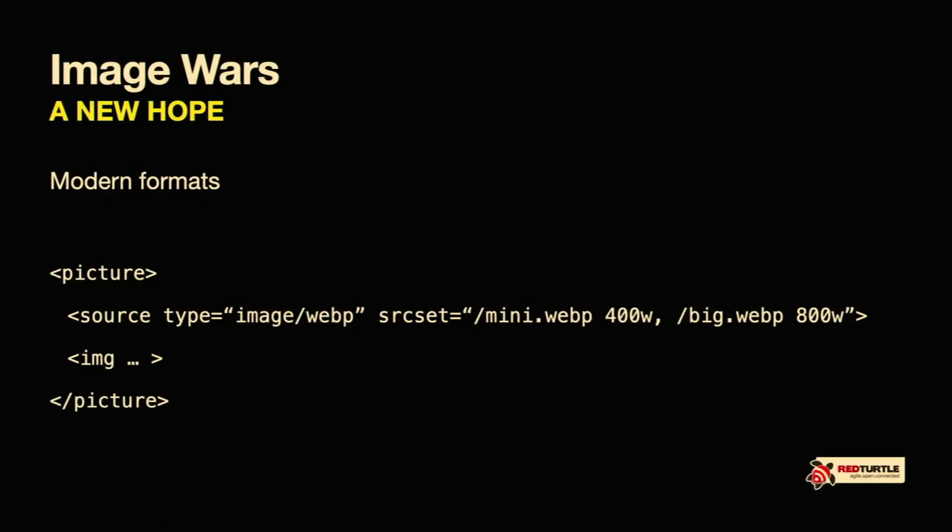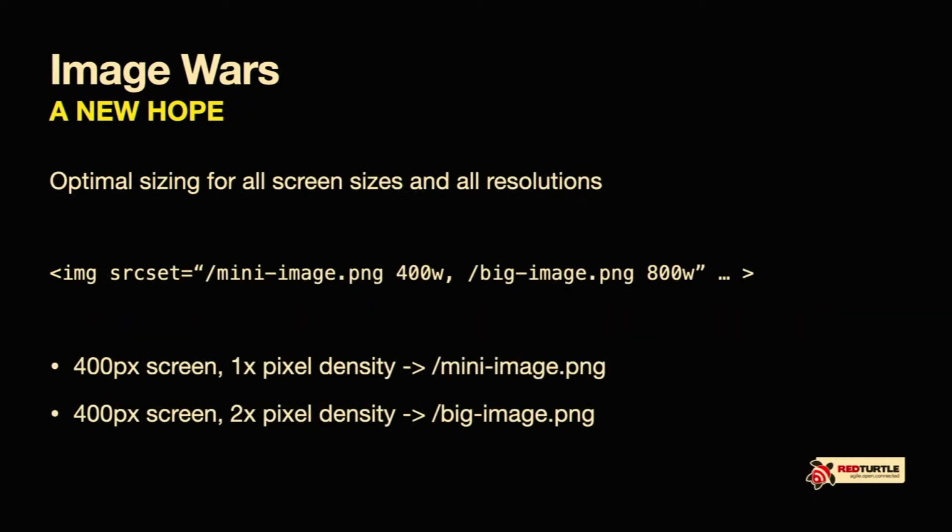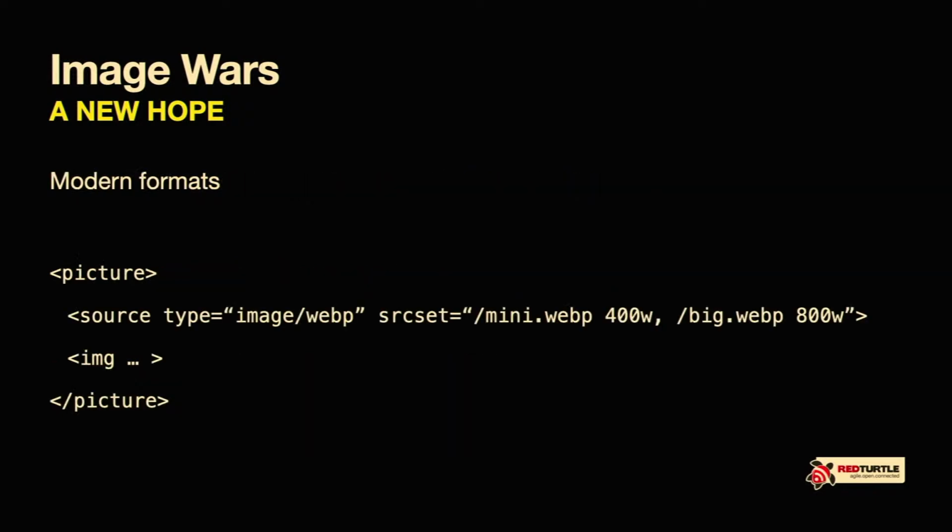But still, you might want to offer more than one image format. So what if you want to say, I can offer PNG formats like this one in your image? And what if you want to say, for the same image, I also have a WebP? If you want to serve both, that's how you do it.